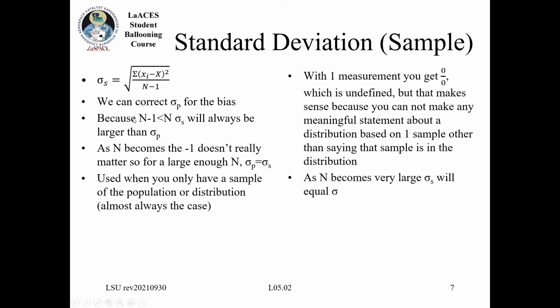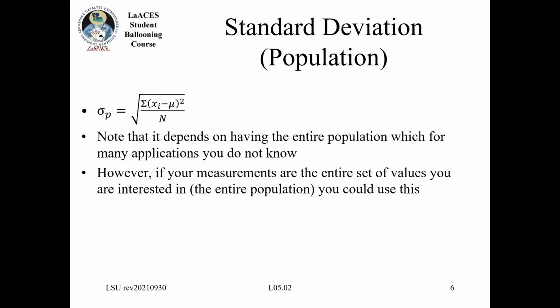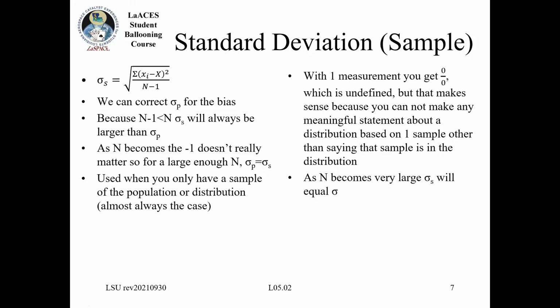So one thing you want to note is, if I take a large number of samples, n and n-1 are pretty much the same thing. There's not a lot of difference between dividing by 1,000 as opposed to dividing by 1,001, right?